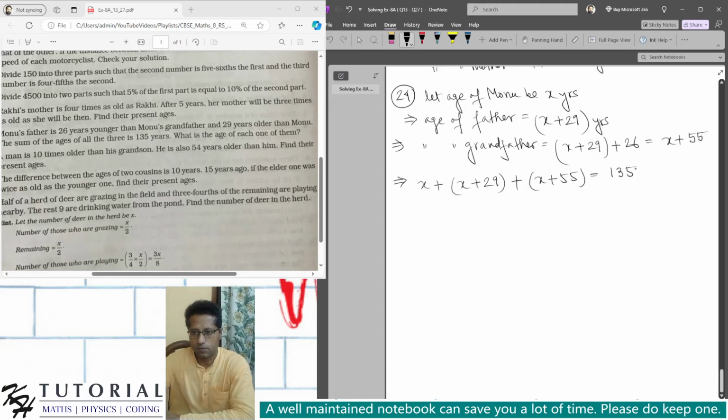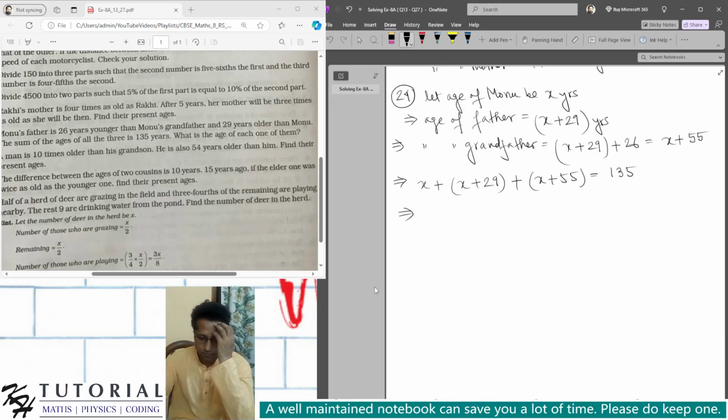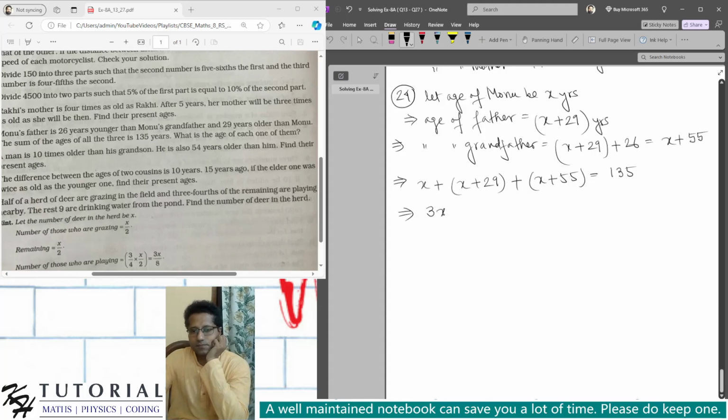So we have found the equation in x. It's a linear equation in x, and we have to solve it. We will have 3x on the left hand side. We will have 3x plus 29 plus 55, which is 84.